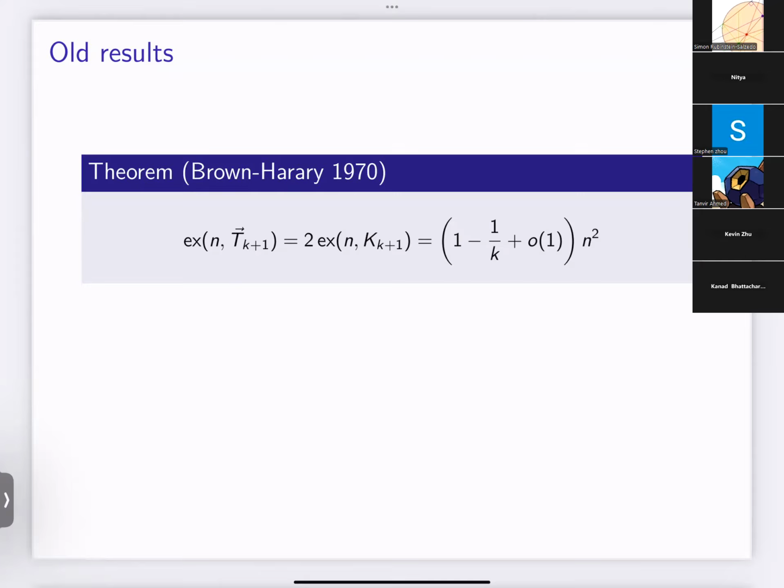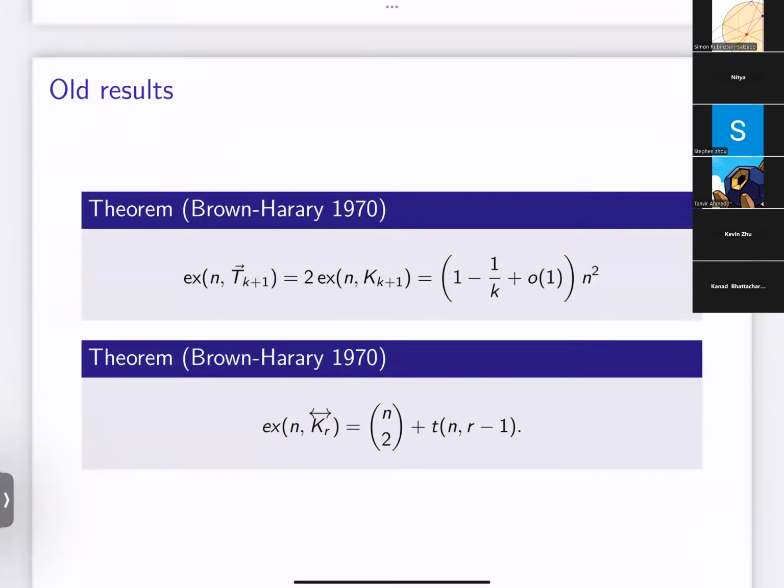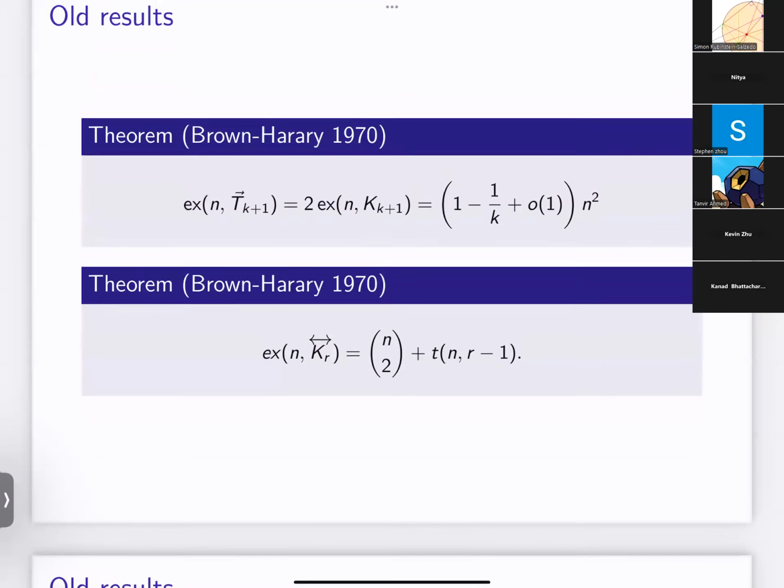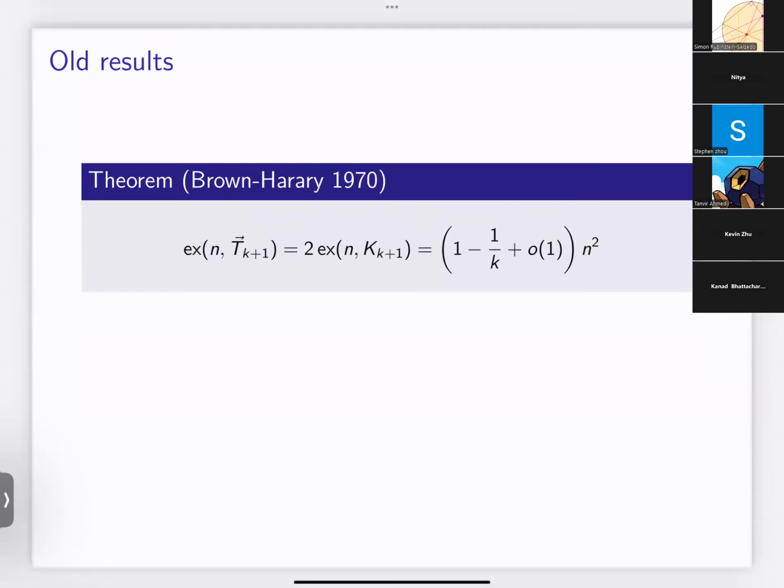How do we get this object? What we do is we divide up our n vertices into k parts, and then we put both edges between every pair of vertices in different parts. And that's how we get this answer.